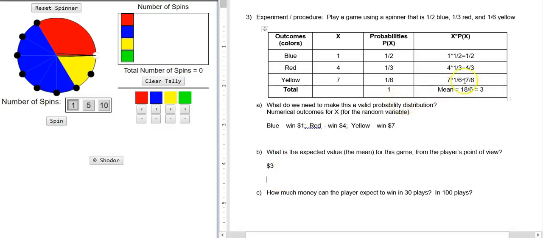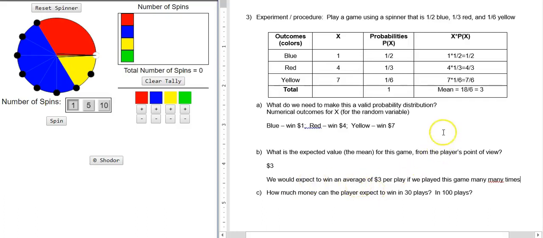What that tells us is that if we were going to go and play this game a whole bunch of times in a row, this is the average amount of money we would expect to win per play. The answer to this is that we would expect to win an average of $3 per play, played this game many, many times. The expected value is always about what's going to happen in the long run.